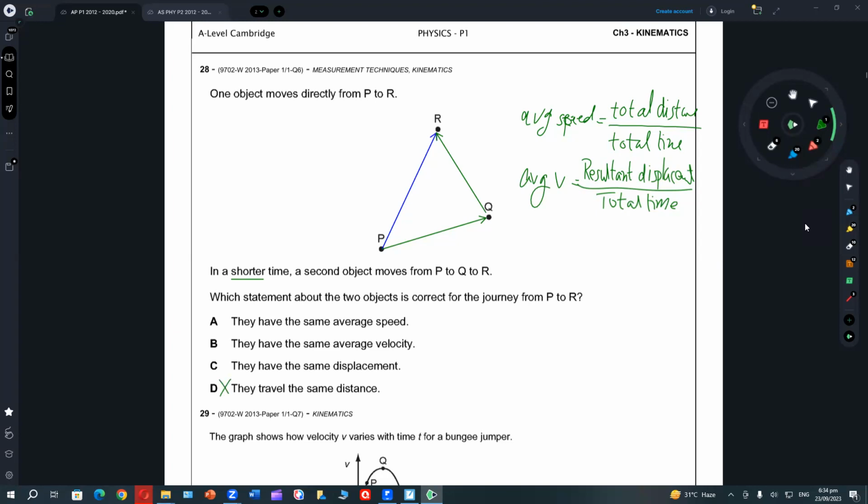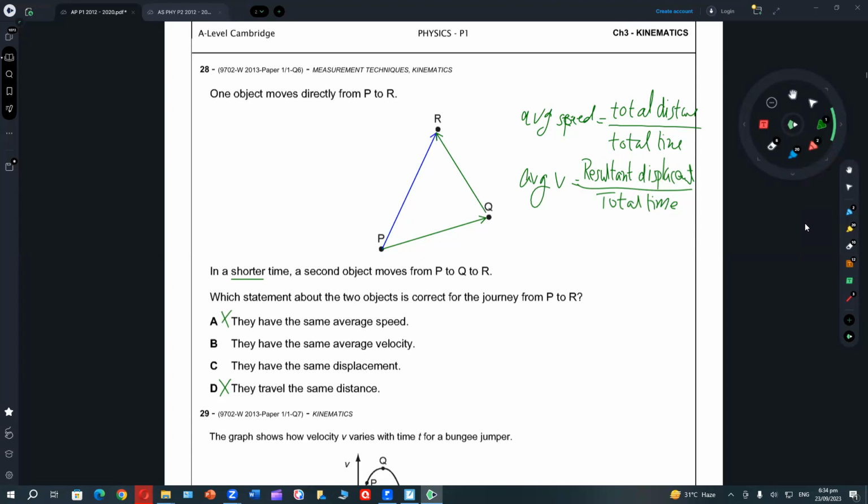They have the same average speed. If we cancel D, automatically A will be cancelled out, because average speed is total distance upon total time. When distance is not the same, even if the time is the same, it will not be equal.